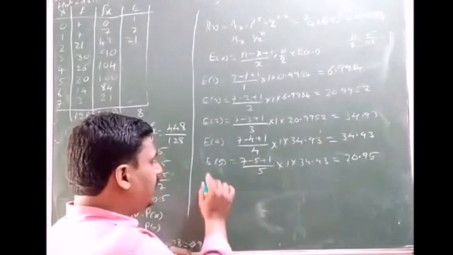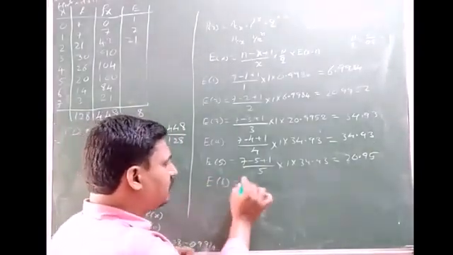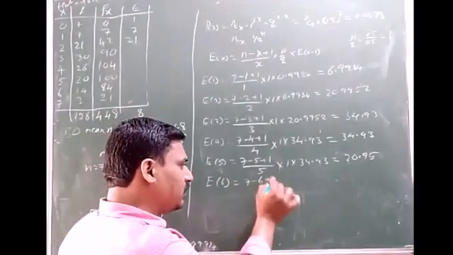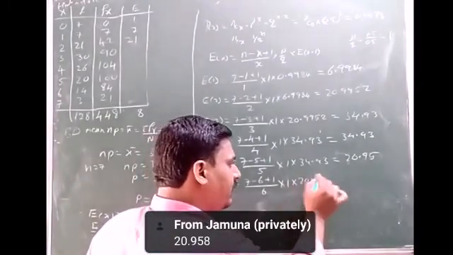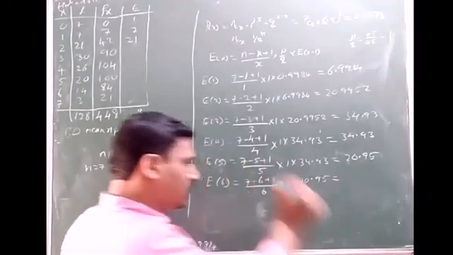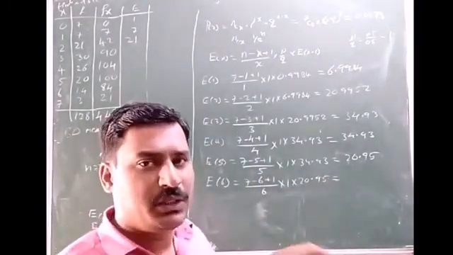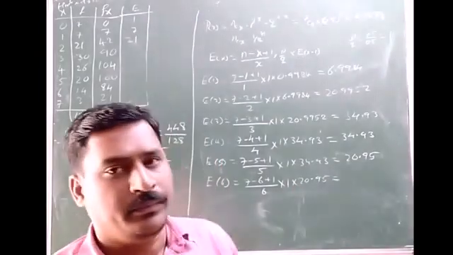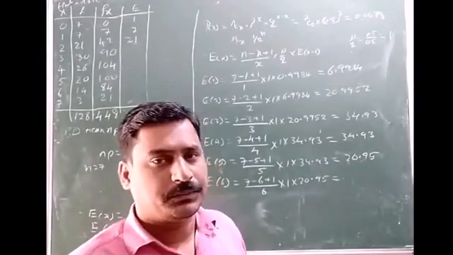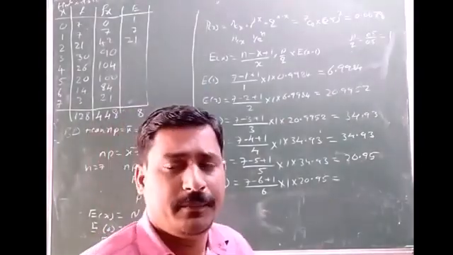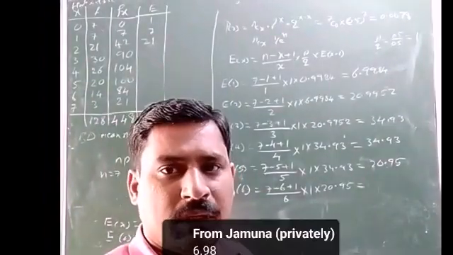Next, E of 6 is equal to 7 minus 6 plus 1 divided by 6 into 1 into 20.95. So 7 minus 6 is 1, 1 plus 1 is 2, 2 divided by 6, which is 1 by 3, into 20.95. I think 6.99, 6.98.